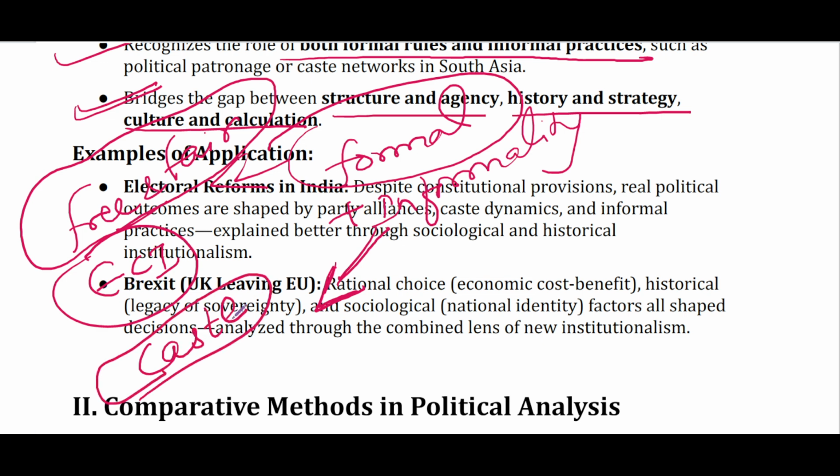So here both things are there, the formality, the formal institution, but the informality is also there. People are voting because they believe the Election Commission will hold a free and fair election. They have faith in the working of the Election Commission, but then they are also voting on the basis of the caste parameter. So the ultimate outcome considers both these things, formal and informal.